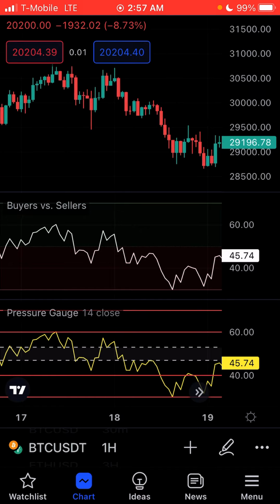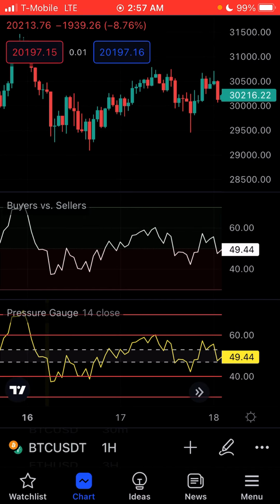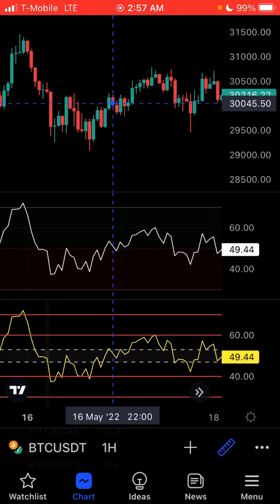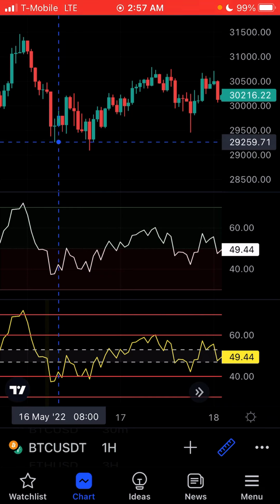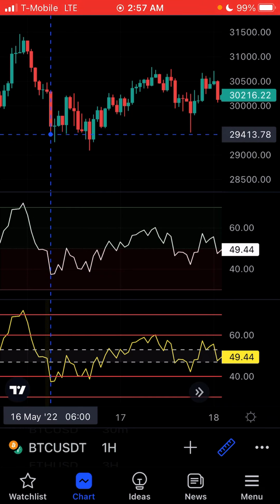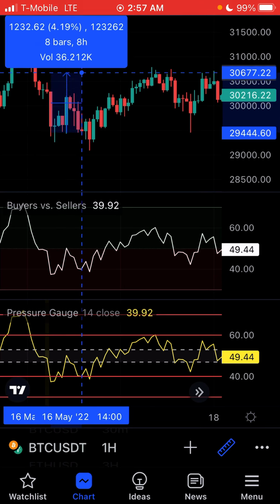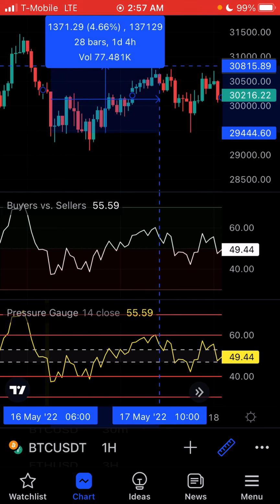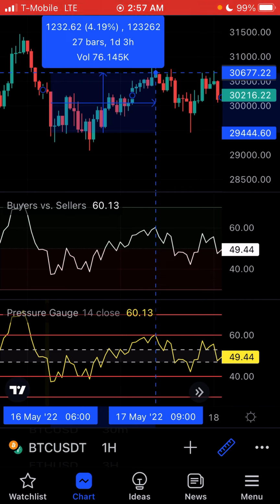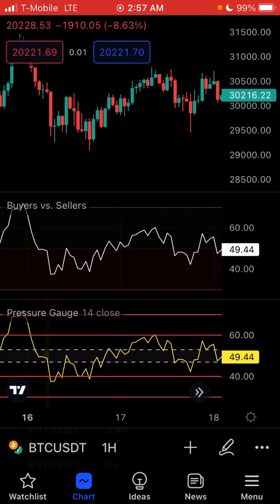It goes up, right from the moment the pressure gauge shows up. You guys may not be able to see it on your screen, it's kind of small. But from here to about here, that's about a 5% gain.